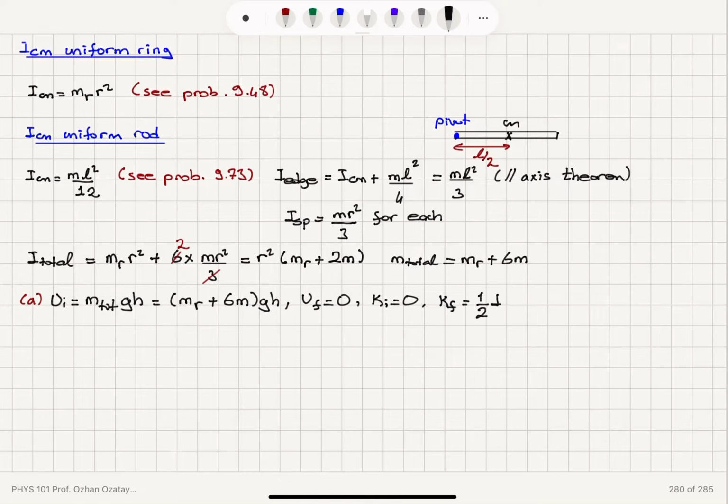And the final kinetic energy will be the rotational kinetic energy, 1/2 I total omega squared, plus the translational kinetic energy of the center of mass, 1/2 m total v center of mass squared, where v center of mass is equal to omega times the radius. Okay.